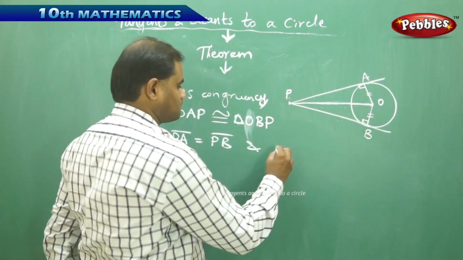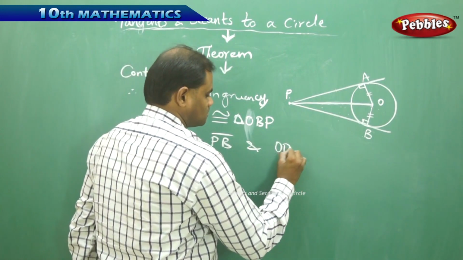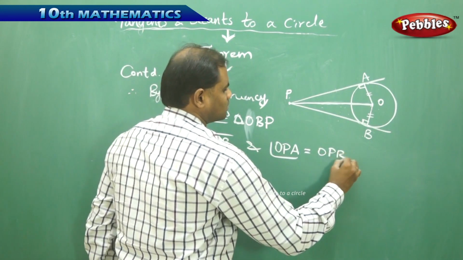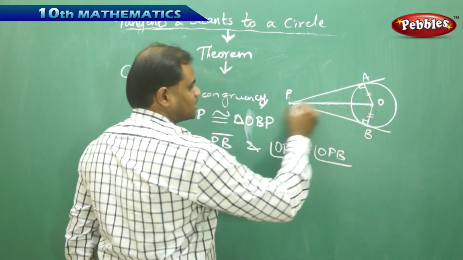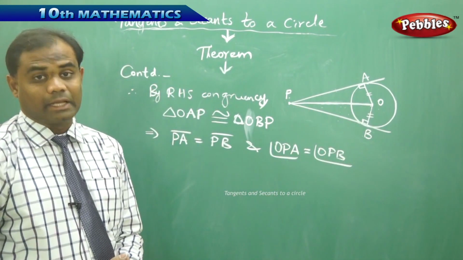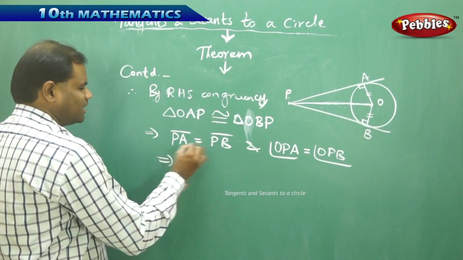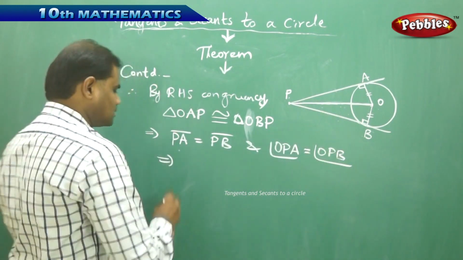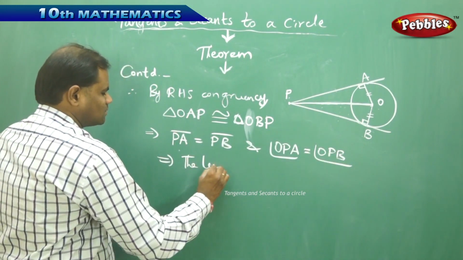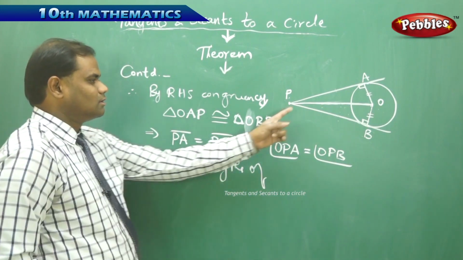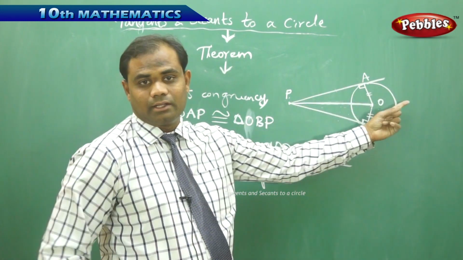we also identify that angle OPA is equal to angle OPB, as can be clearly seen. The angle bisects. Now this PA equal to PB implies the lengths of tangents, as can be clearly seen, from an external point to the circle are equal.